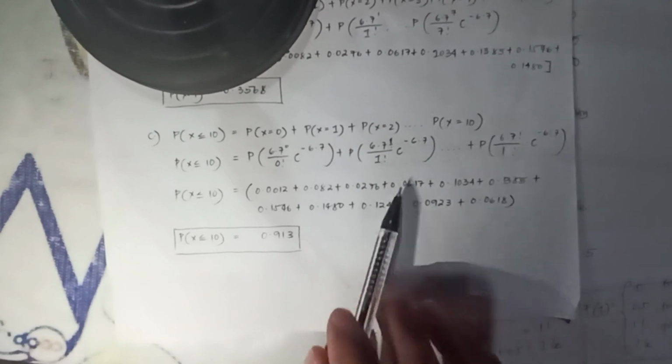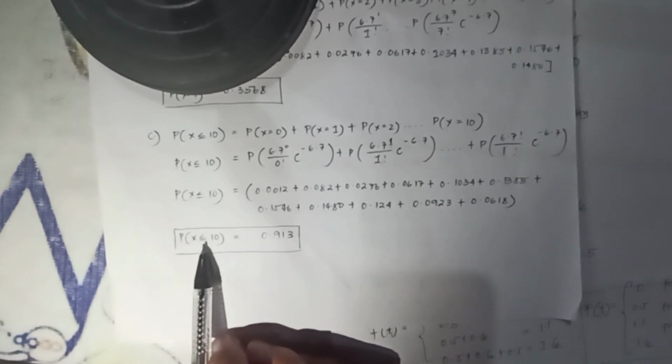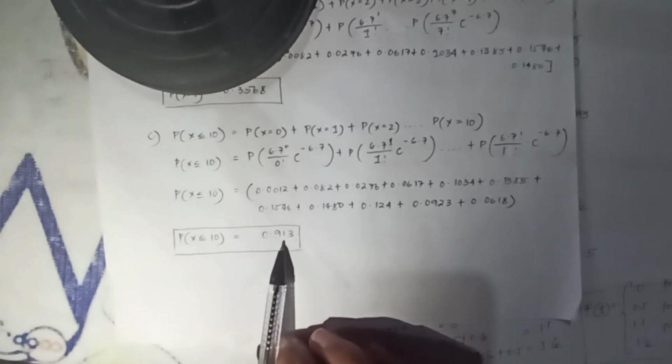So if you sum it all from 0 to 10, you get the value of your X less than or equal to 10 would be 0.913.